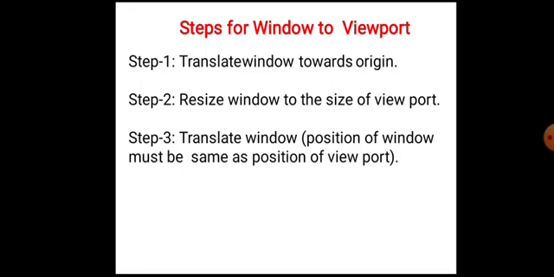We divide this into three basic steps. First one is translate the window towards the origin. Second one is resize the window to the size of the viewport. Third one is translate the window.